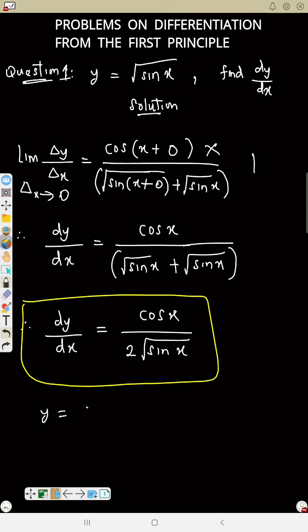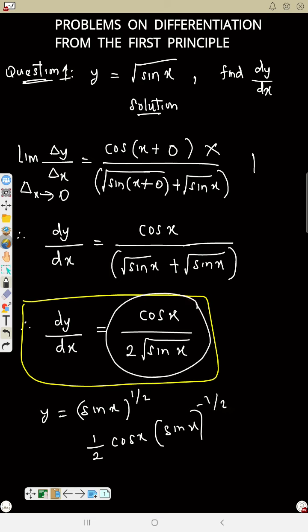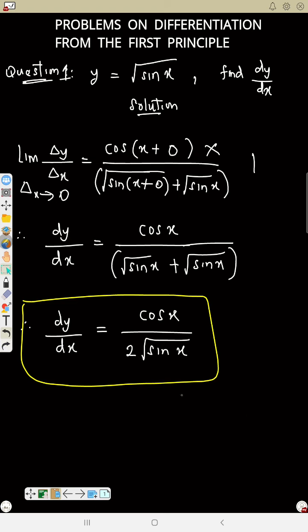So y will be the same thing as sine s raised to power half, because square root is half. So now using chain rule, half will come down, differentiate inside, sine s will be cos s, rewrite sine s, then raised to power minus half. So if you change this, it will give us cos s divided by 2 square root of sine s. That is just a short method. That is power rule. But you can check my video, you will see.